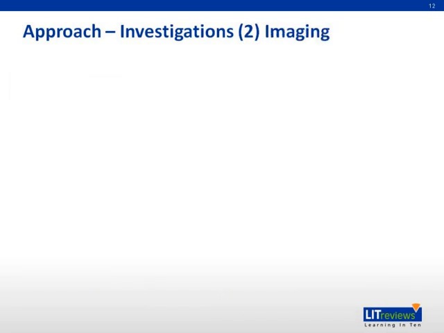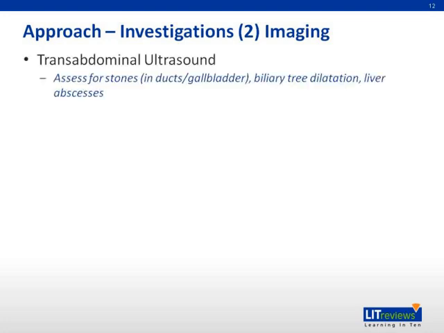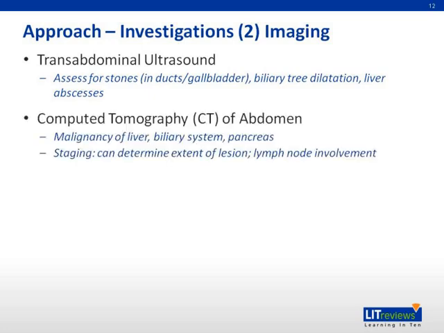Radiological imaging can assist in diagnosis, and its usefulness varies depending on the differentials considered. Abdominal ultrasound is the first-line modality used in assessing for stones, biliary dilatation, and abscesses. Subsequently, an abdominal CT is usually ordered to determine the presence of hepatic, biliary, or pancreatic malignancy.